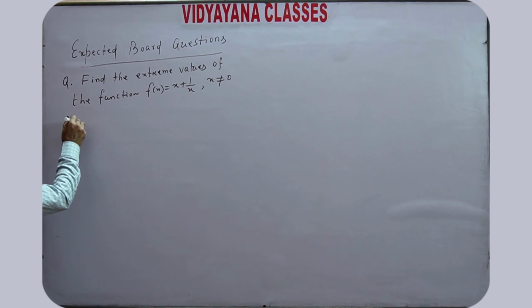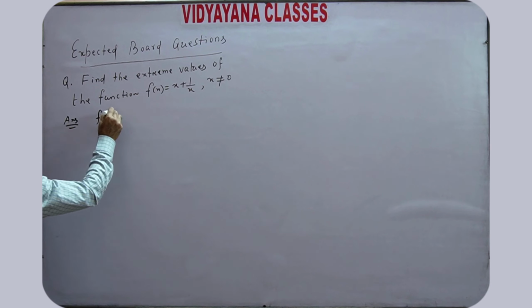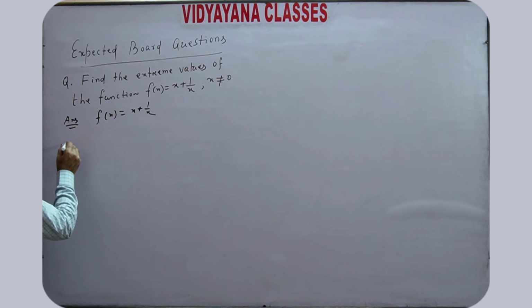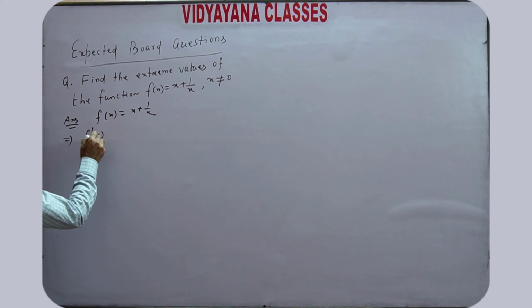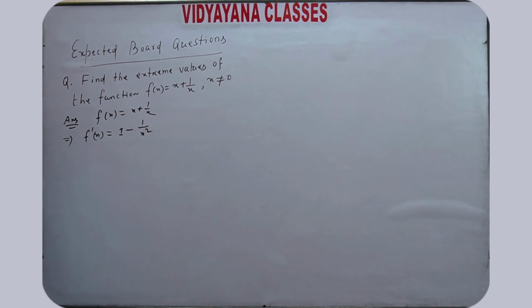Answer. The function is given by f(x) is equal to x plus 1 by x. Differentiating both sides with respect to x implies f dash x is equal to 1 minus 1 divided by x square.